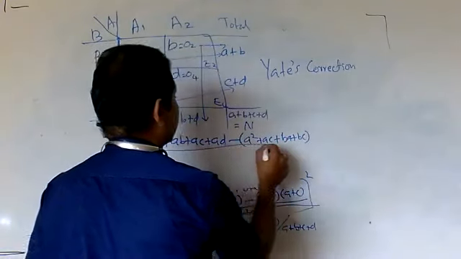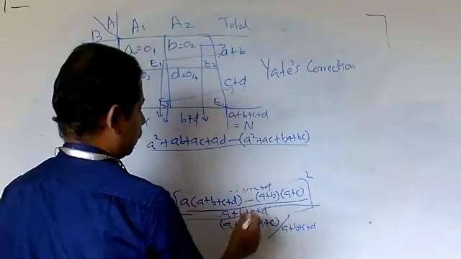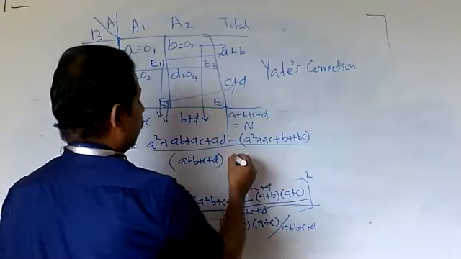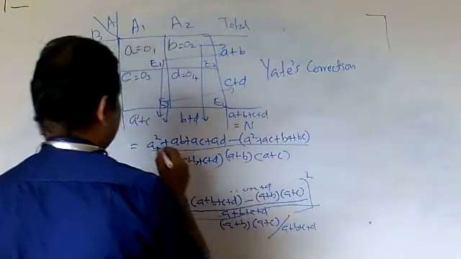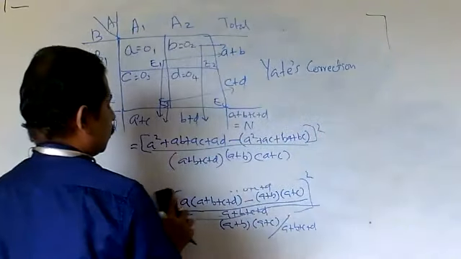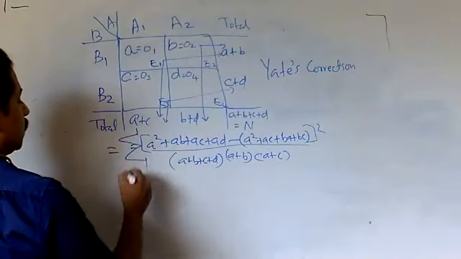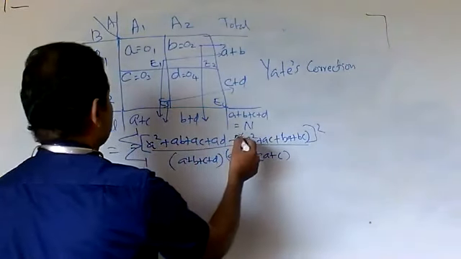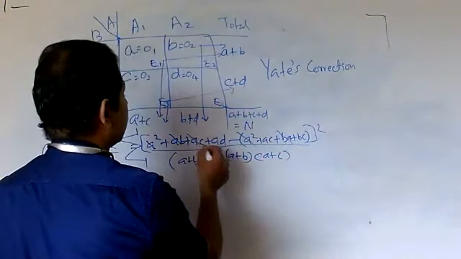This is divided by A plus B plus C plus D into A plus B into A plus C. Here A square can be cancelled, AB with BA, AC with AC.